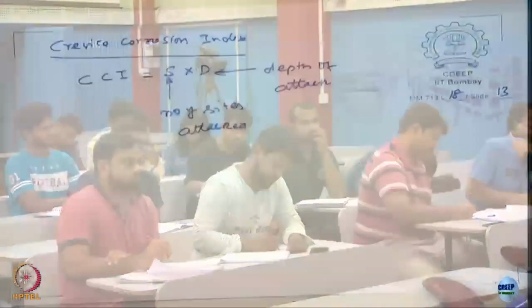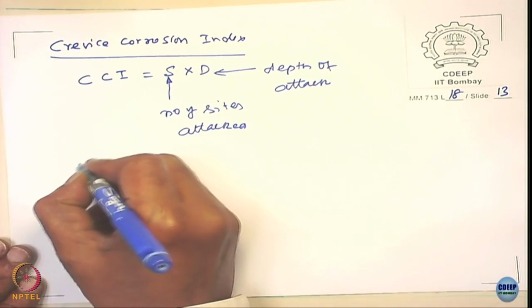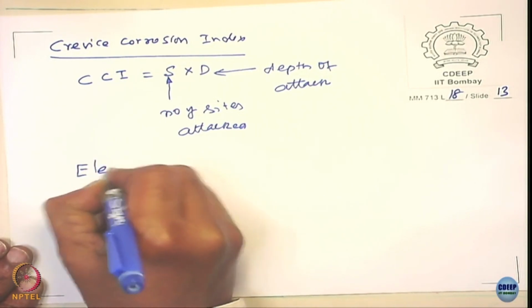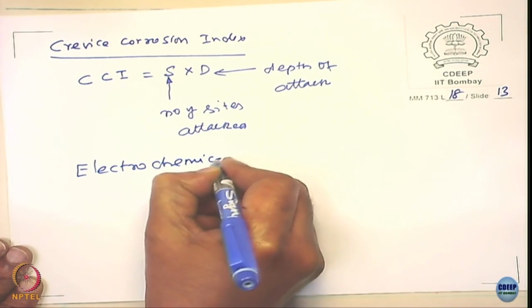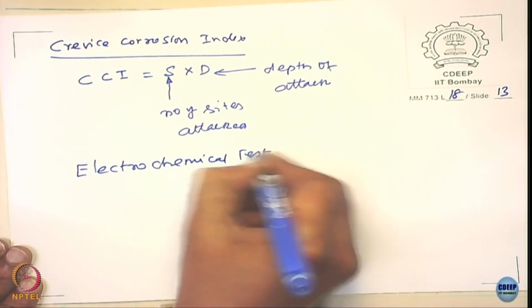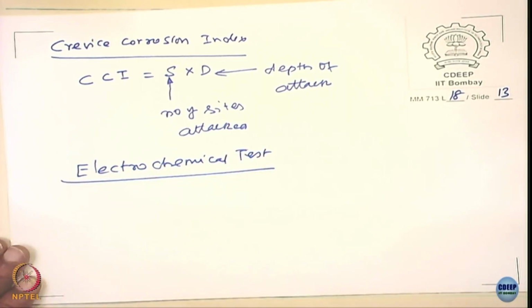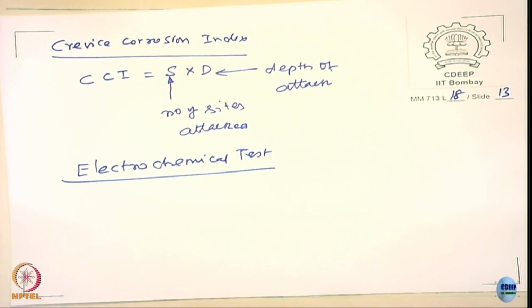Okay, one more before I close: the electrochemical test. You know that potentiodynamic polarization curves are obtained in the laboratory to look at the passivation behavior of passive metals.